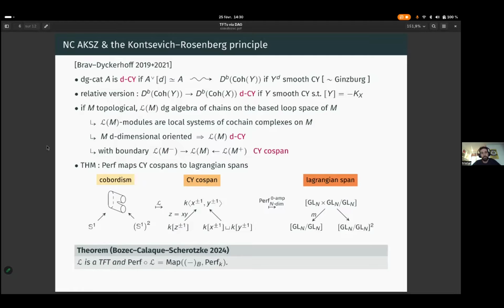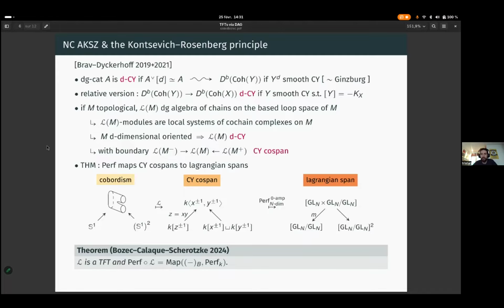And why is there this terminology of Calabi-Yau? It's because thanks to ideas of Ginzburg, the derived category associated to some d-dimensional smooth Calabi-Yau variety is actually Calabi-Yau in this sense.